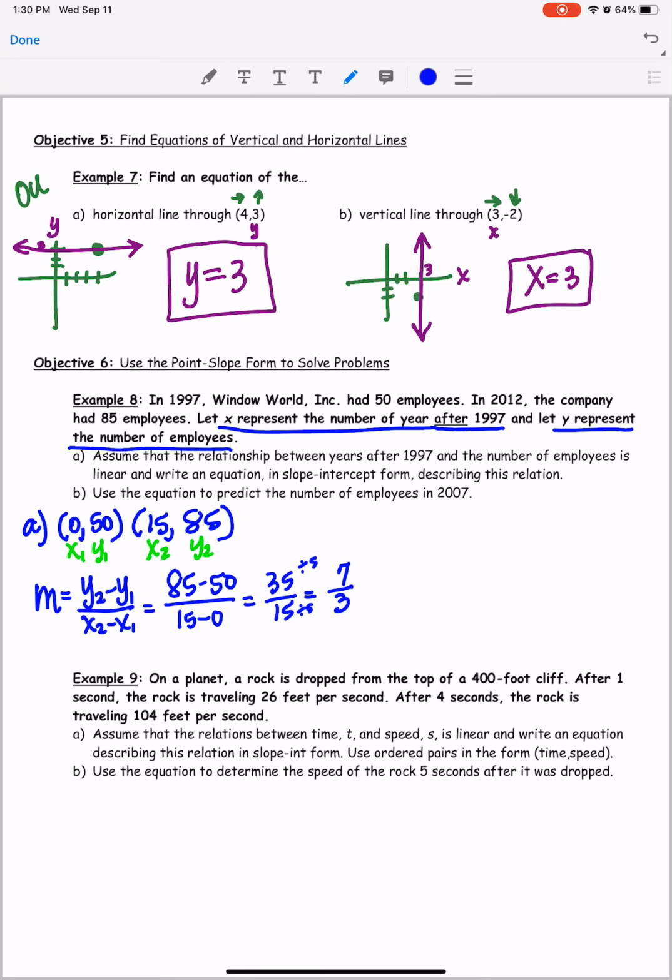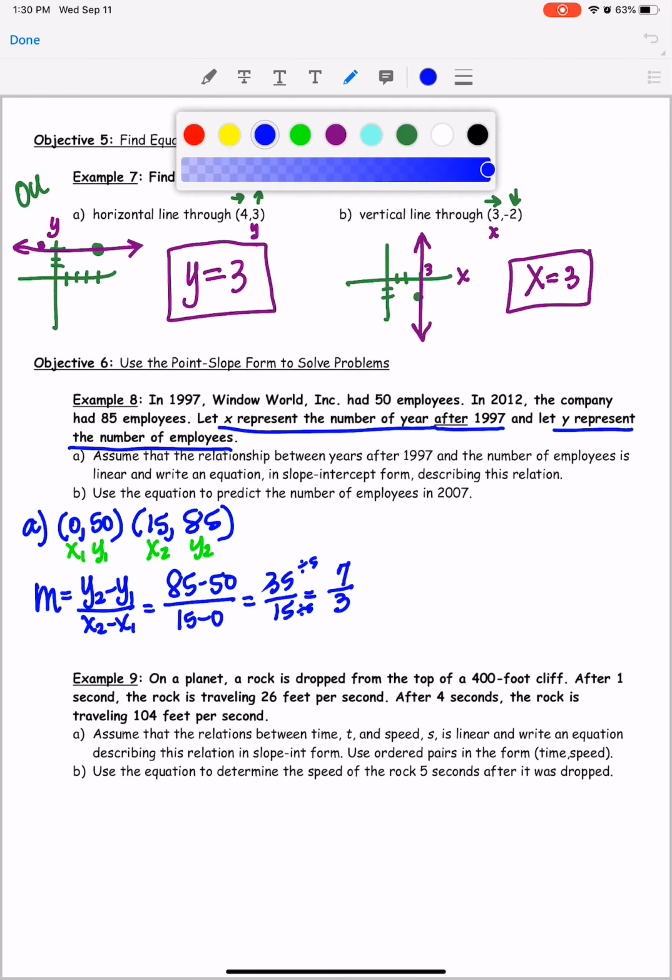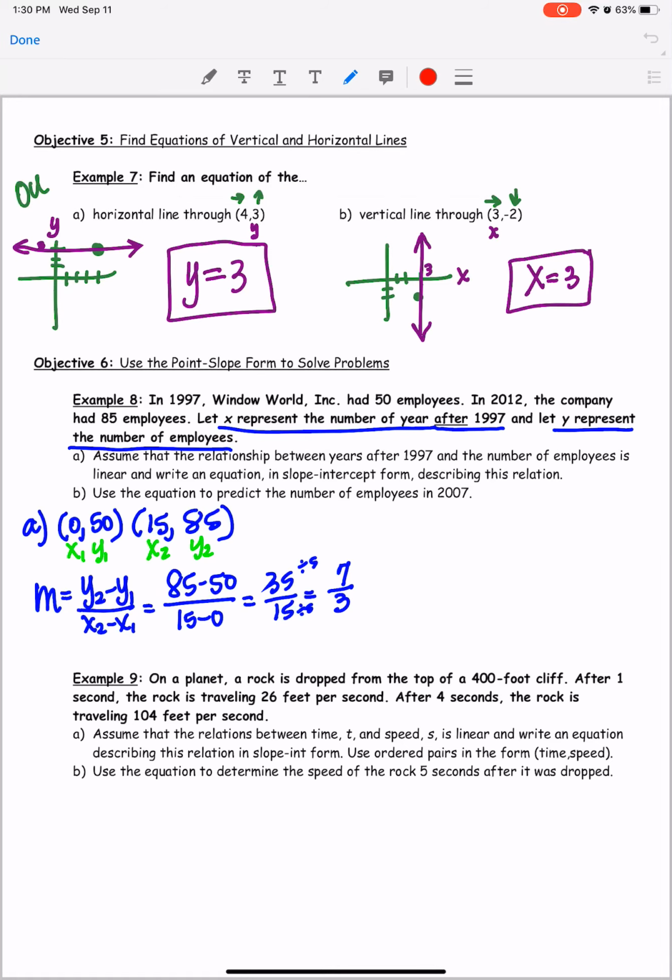Now that I have my slope and I have a point, we can use point slope formula, right? We can use that y minus y1 equals m times x minus x1. However, I have all the information I need. Because I have a 0 in for my x, this right here is my y-intercept, right?